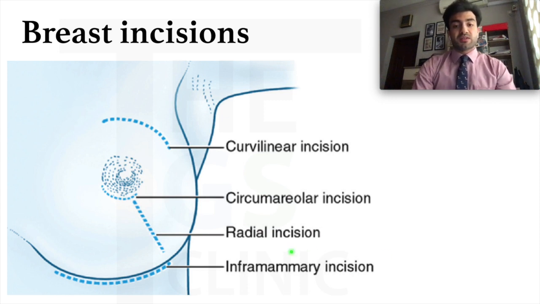We have two other incisions, called the radial incision and the curvilinear incision. The curvilinear is not that commonly used because it tends to injure the lactiferous duct. However, the radial incision does not do that because it's parallel to the duct, so it won't cut the duct. It's used to treat breast abscess.